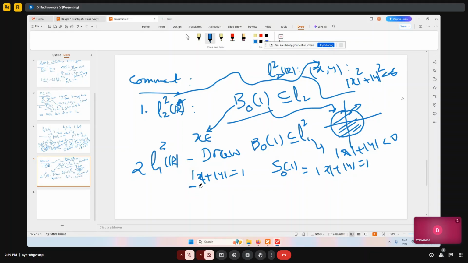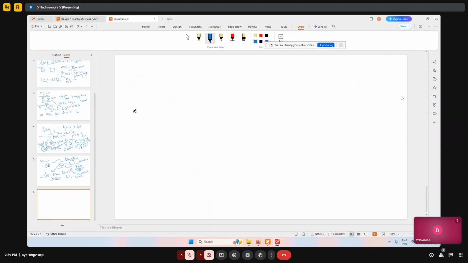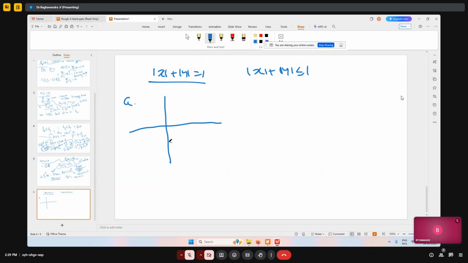I want to draw the graph of this. Okay. So how do I draw the graph of this mod x plus mod y equal to 1? And then we'll come to mod x plus mod y less than or equal to 1. Okay. So there are 3 cases here. So you have to draw the graph in 2 coordinates, right?